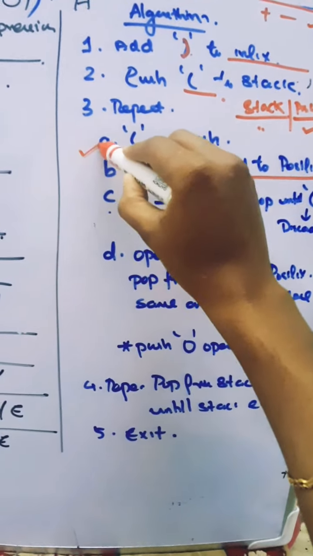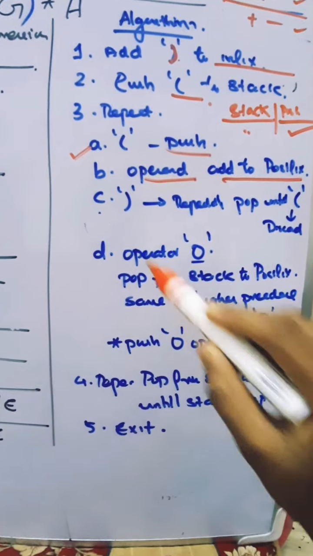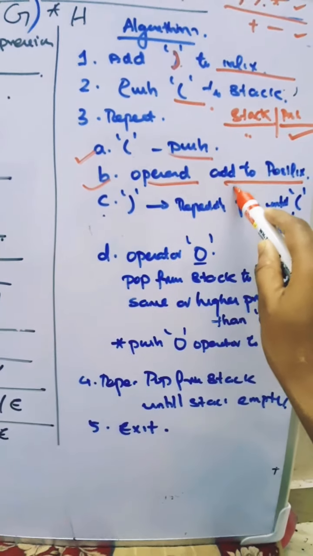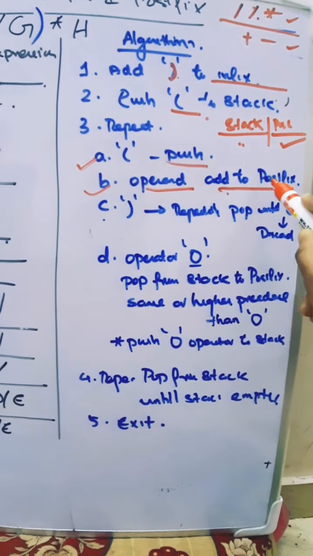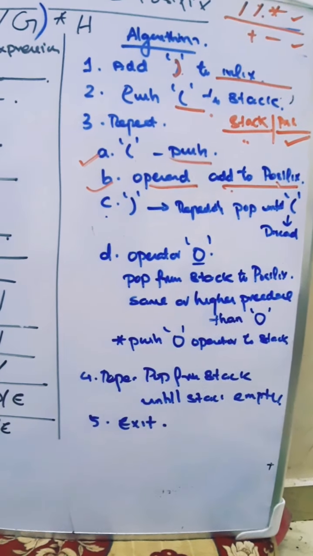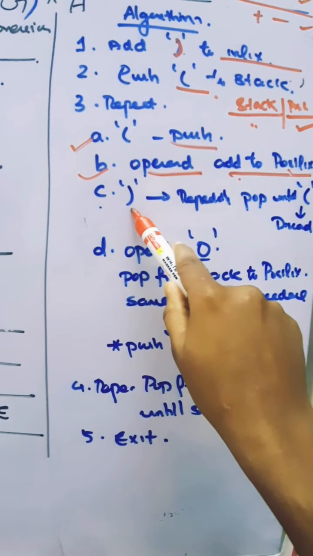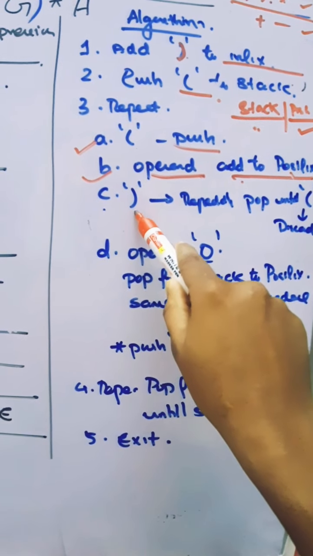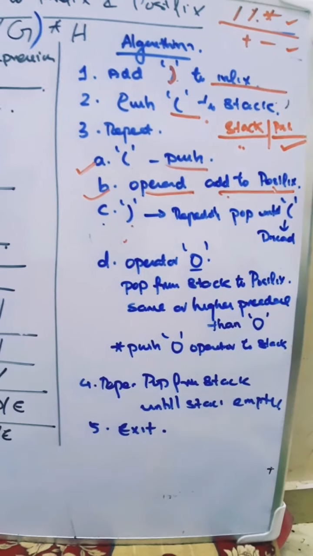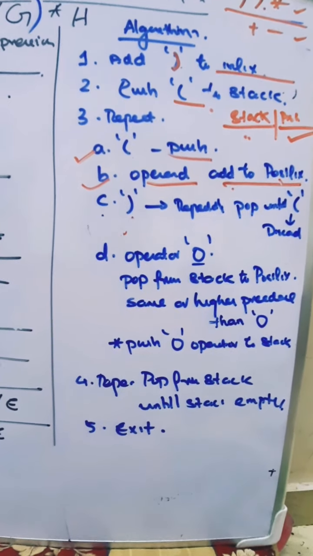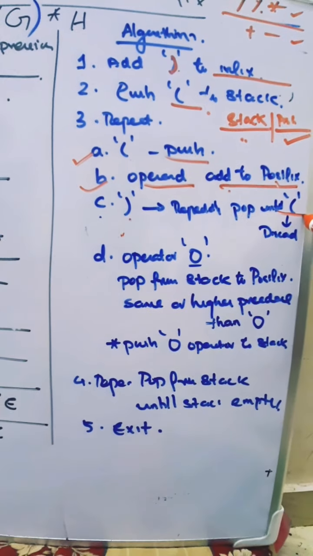So if it is a left parenthesis, push to the stack. If it is an operand, add that operand directly to the postfix expression. We are going to find out the postfix expression of the infix expression. And when you get a right parenthesis, what you have to do? You have to repeatedly pop all the elements from the stack until you see a left parenthesis.